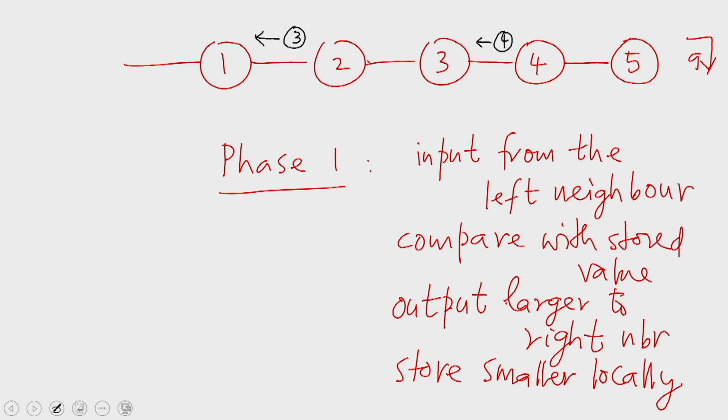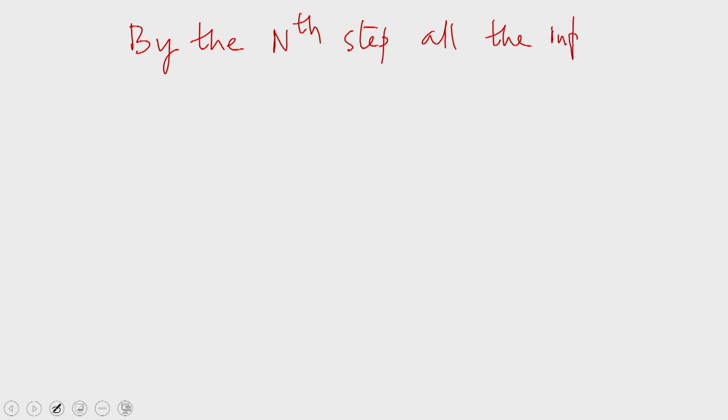Therefore, in general, what we can argue about the second phase is this: by the nth step, all the input is received. So, the first processor can start sending out messages from the next step.